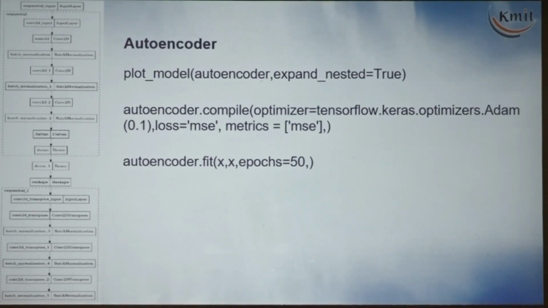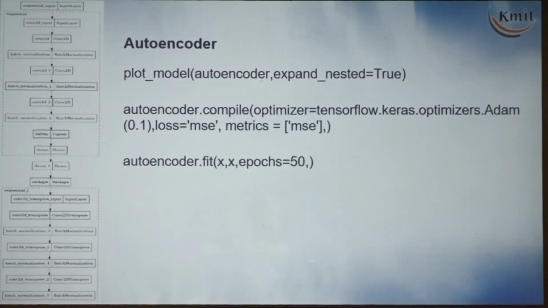Why should we take MSE? Because the output is also pixels. We are giving input pixels, and the output is also pixels, from 0 to 255. So since it is a regression-like environment, we have to go for the MSE, mean squared error. Hope you understand, right?